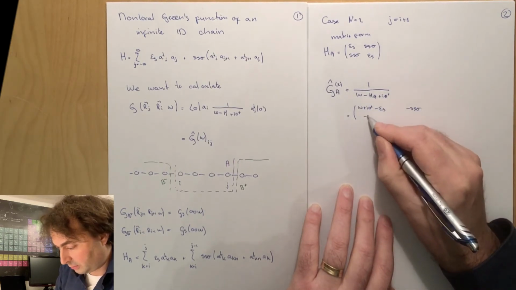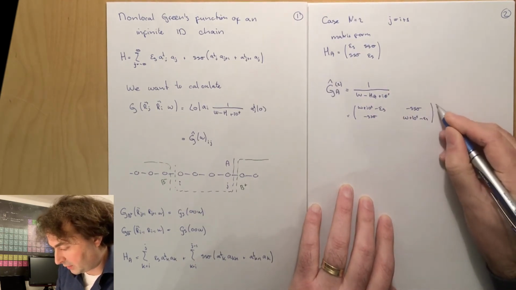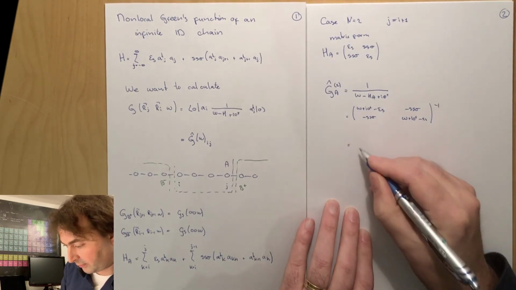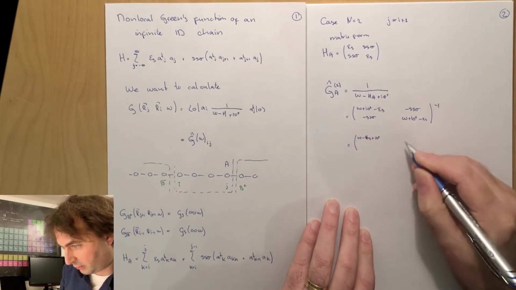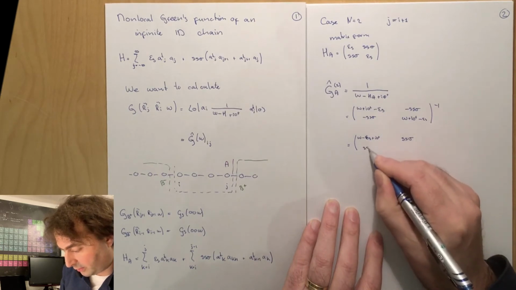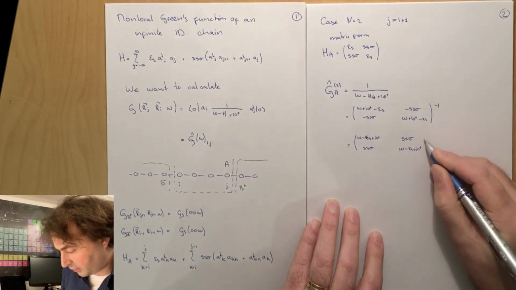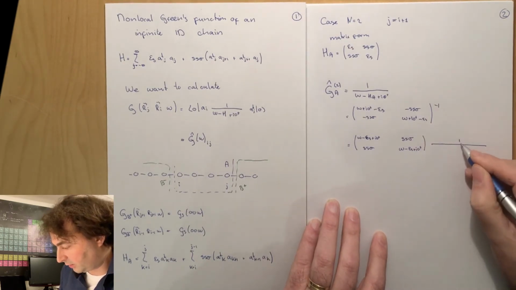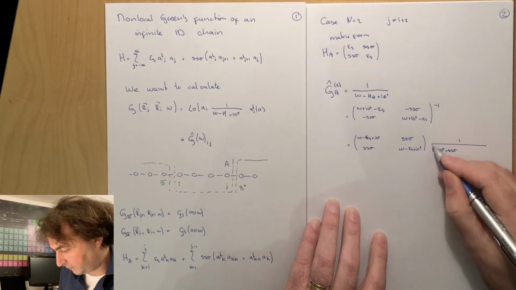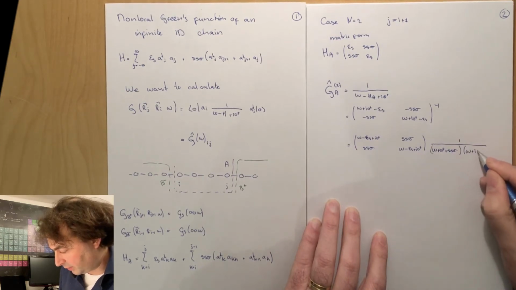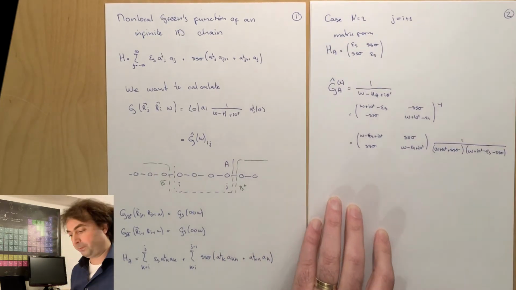Minus sigma, minus sigma of the off-diagonal part, omega plus i0 plus minus epsilon s, and then we have to do a matrix inversion, and this we can write as omega minus epsilon s plus i0 plus, sigma, sigma, omega minus epsilon s plus i0 plus, times 1 over omega plus i0 plus minus epsilon s minus sigma, omega plus i0 plus minus epsilon s minus sigma.